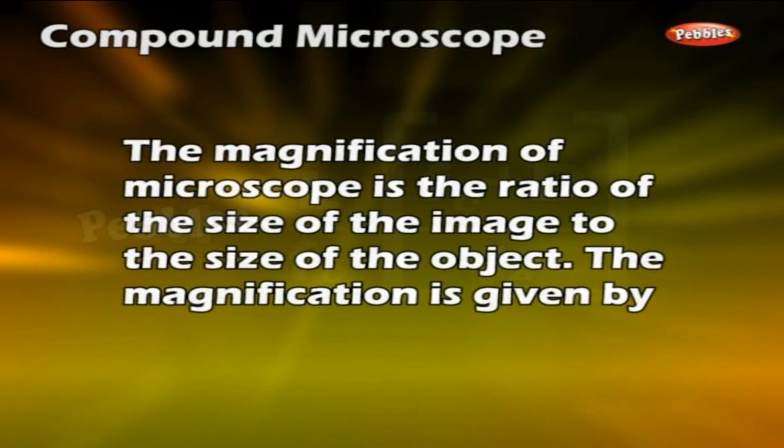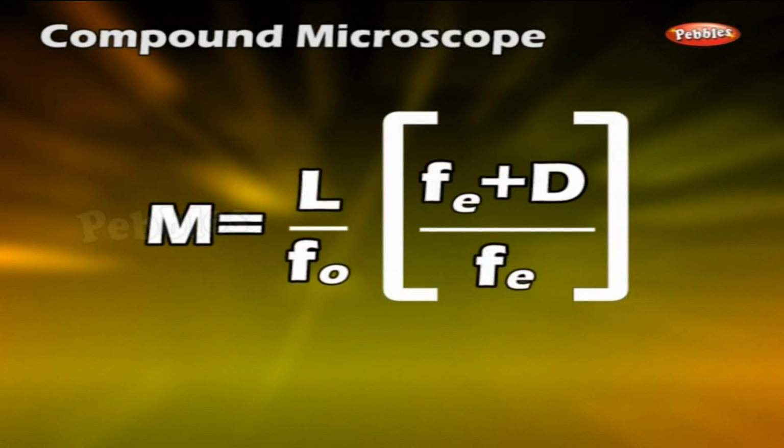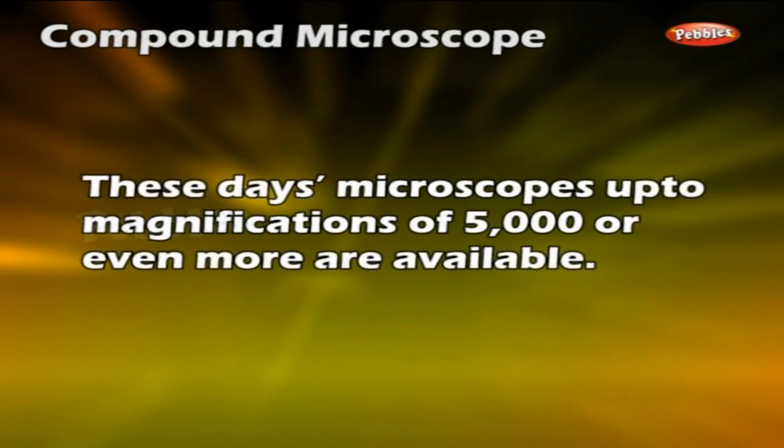The magnification is given by M is equal to L by FO, [FE plus D by FE], where D is the distance of distinct vision, that is 25 centimeters for normal eye, L the length of microscope tube, FE and FO the focal lengths of eyepiece and objective respectively.